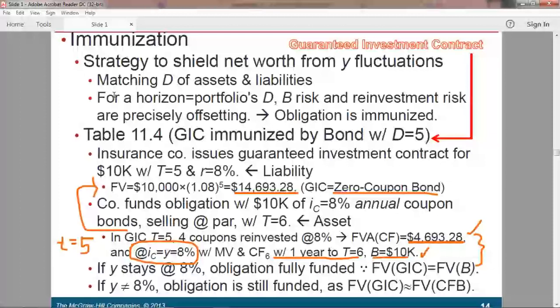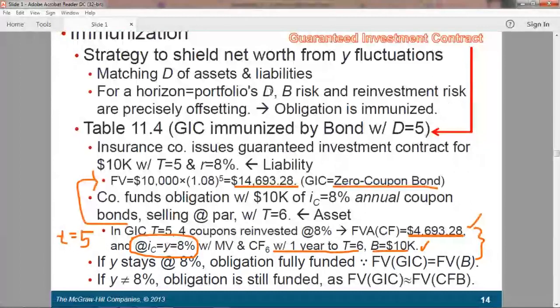So for a horizon that is equal to the portfolio's duration, for the time horizon of the liability that is equal to your asset portfolio's duration, bond price risk and reinvestment risk are precisely offsetting each other, right?